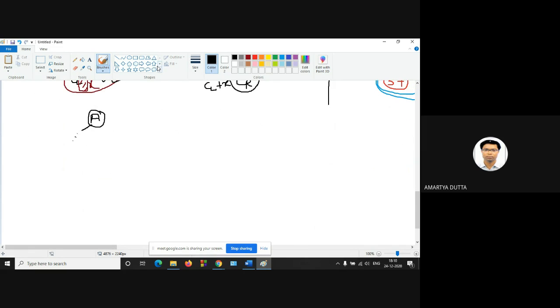A, this is your RL. RL means left subtree of right child.